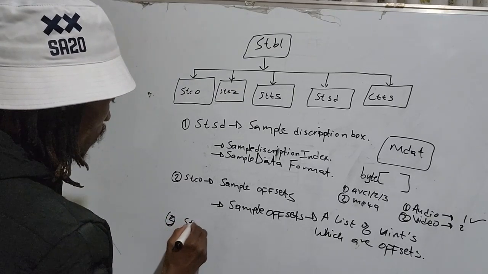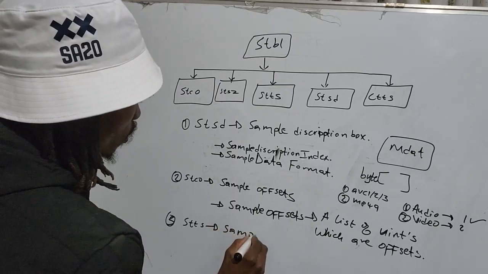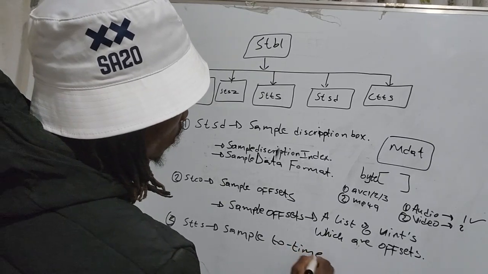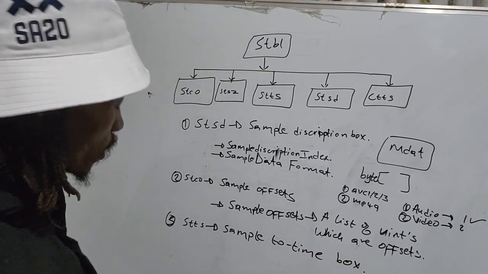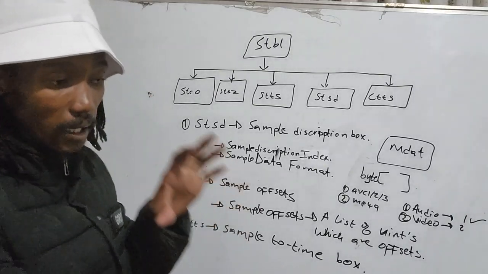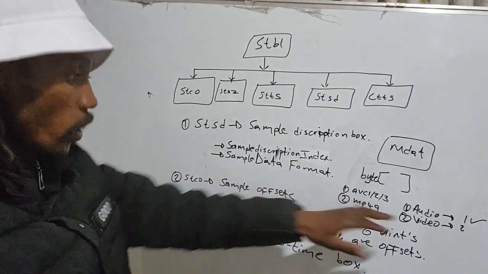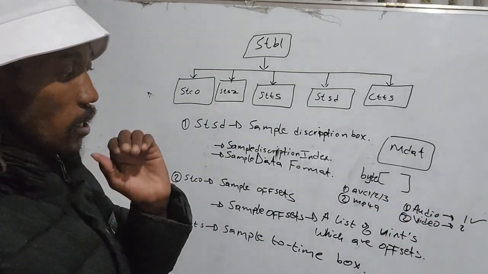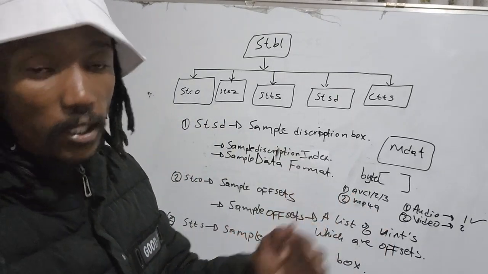Then we have the sample to time box. This one is STTS, the sample to time box. So here this box will take on this run of samples of this file. Let's say we are working with audio. On this run of audio samples, these samples may have different durations.